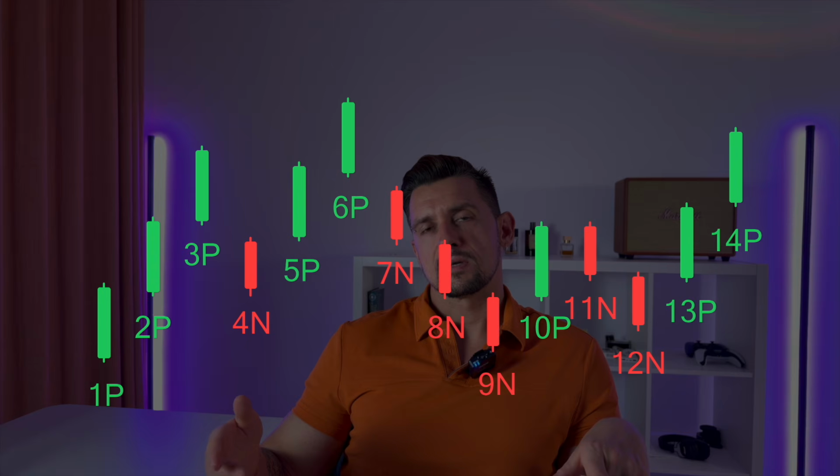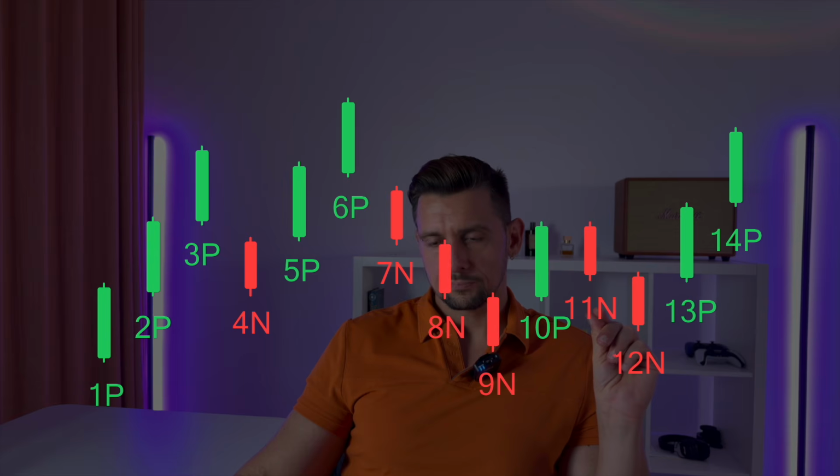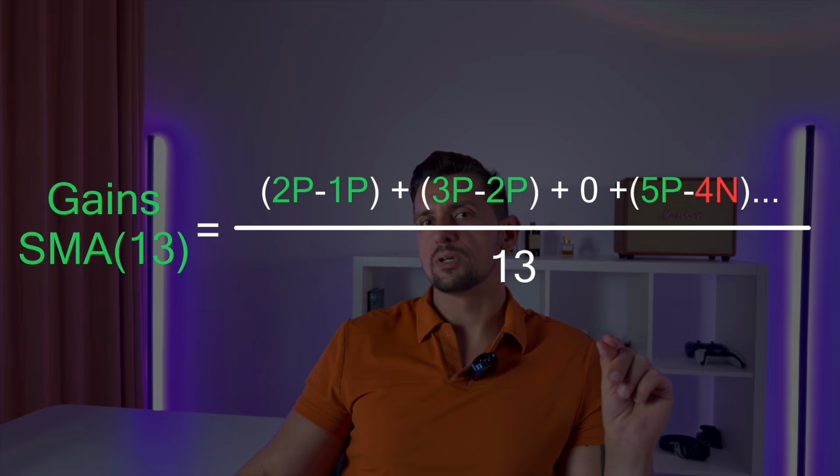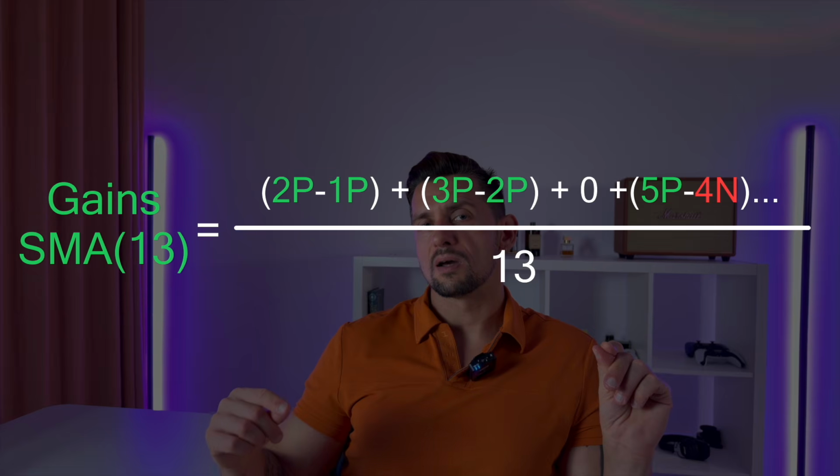In the case of relative strength calculation, what you take as an input for the smoothened moving average is only positive moves and negative moves. So let's say you have 14 price moves, and from that you calculate the smoothened moving average only for positive moves, and all the negatives are replaced by zeros.